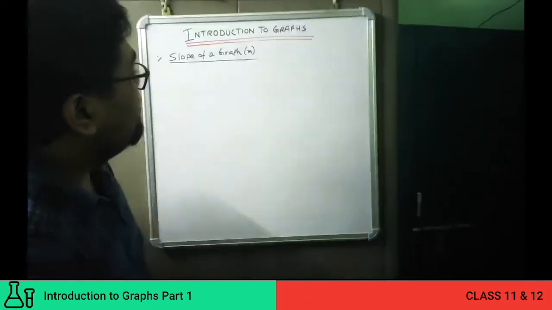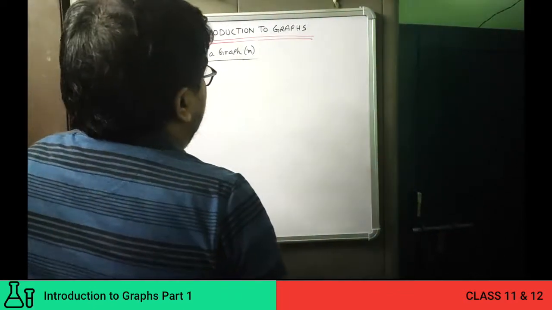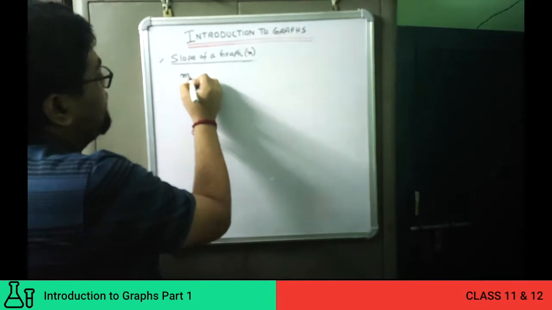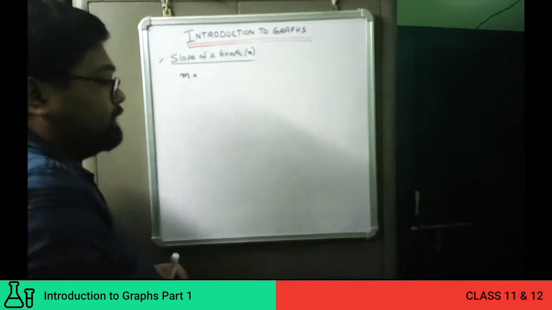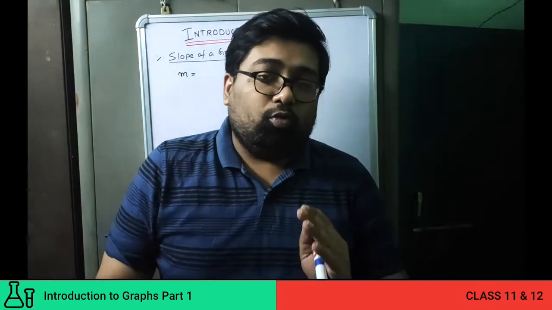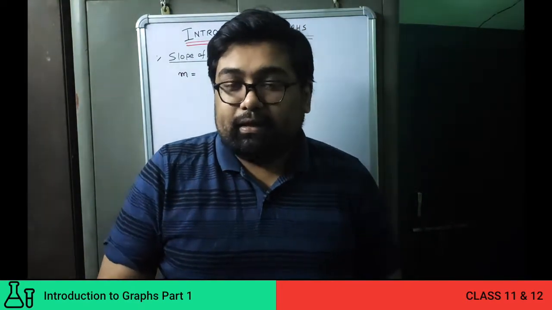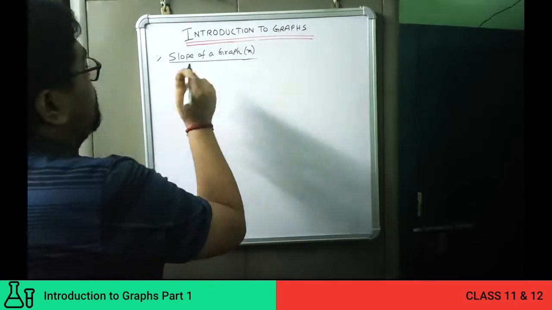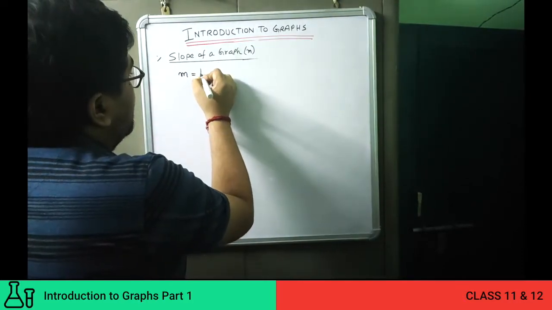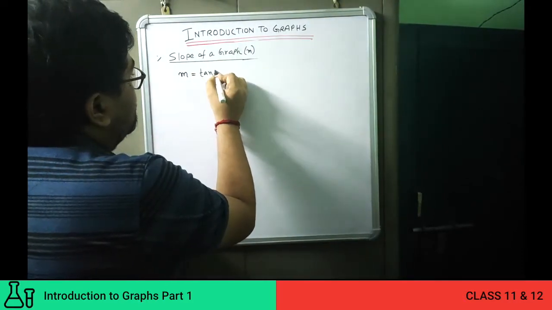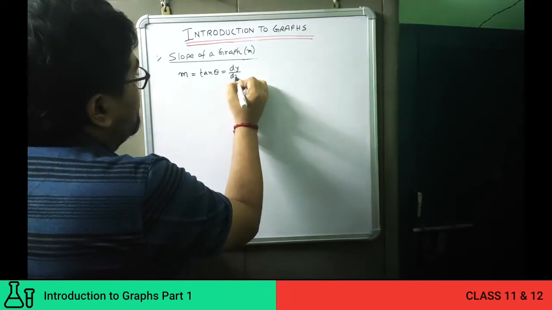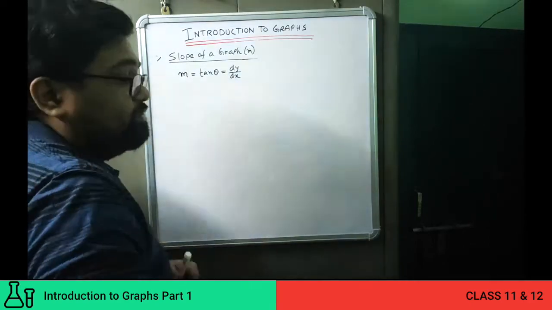Now we are coming to the slope of a graph. Slope is defined by m. I have already told you that slope is the tangent of the angle that a line makes with the positive x direction. So we are taking m equals tan theta, which equals dy/dx.